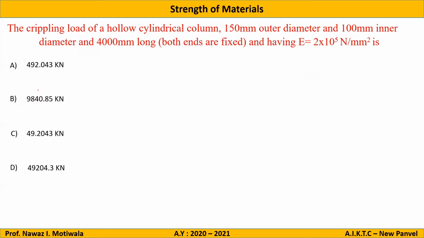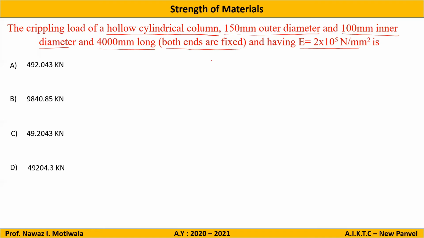Next question. The crippling load of a hollow cylindrical column, 150 mm outer diameter and 100 mm inner diameter, length 4000 mm, fixed at both ends, having E equal to this. First of all, I will write the data given.